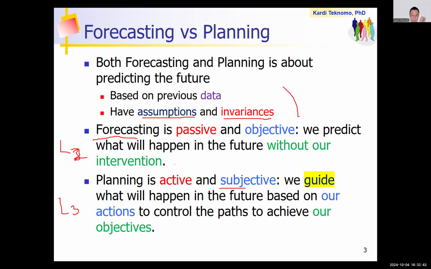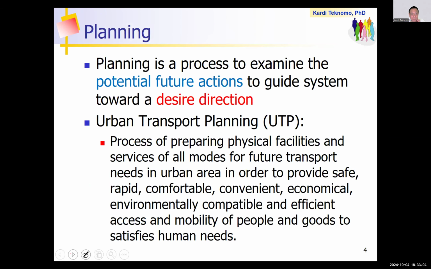You want to guide what will happen in the future based on certain actions, to control the path. In that case, planning should have a certain goal, a certain objective. So here is the goal of urban transport planning. Planning is basically a process to examine potential future actions to guide the system toward our desired direction.